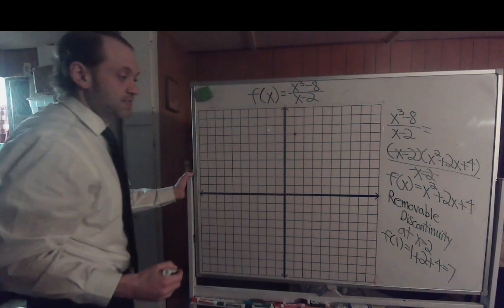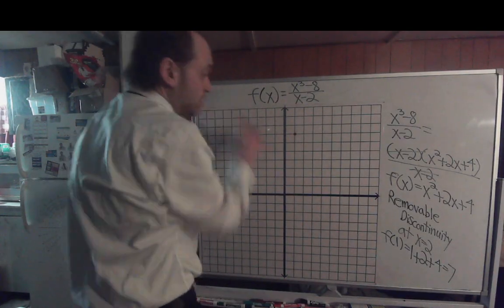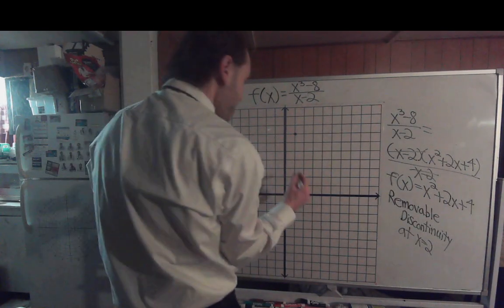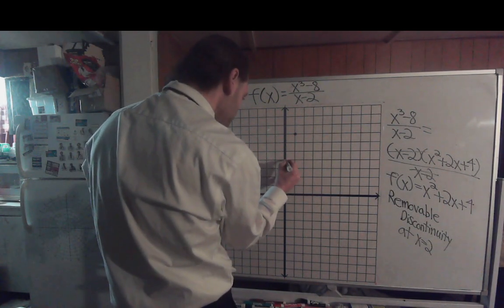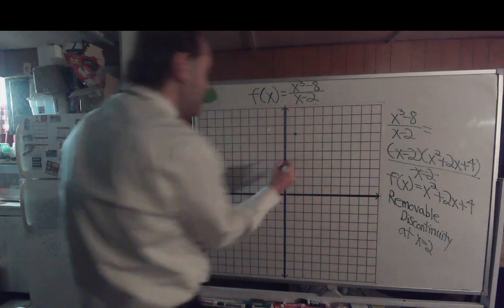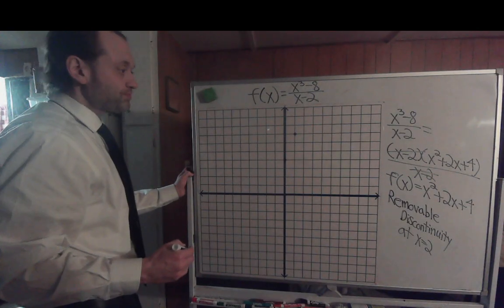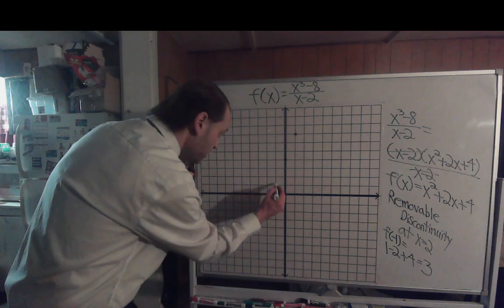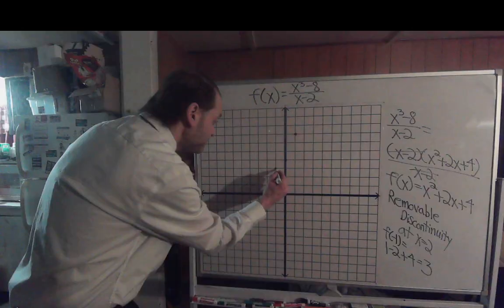What about when x is 0? You would literally get 4. So at 0, you have 4. All right, there's your (0, 4). Now what about negative 1? So f of negative 1 is going to give you 1 minus 2 plus 4, which would give you a y value of 3. So at negative 1, you'll be up to 3. Now what about negative 2?